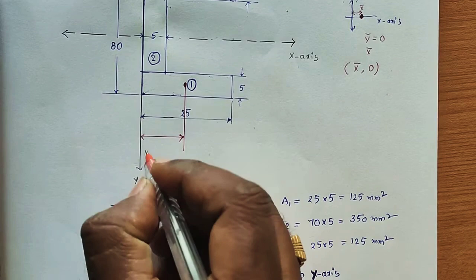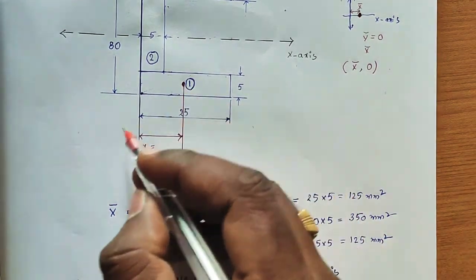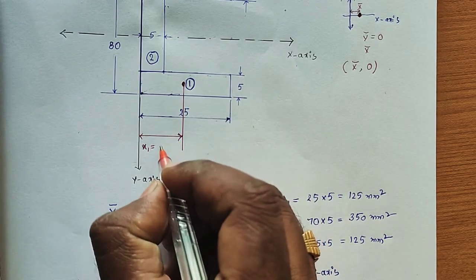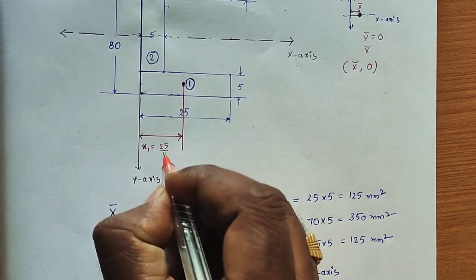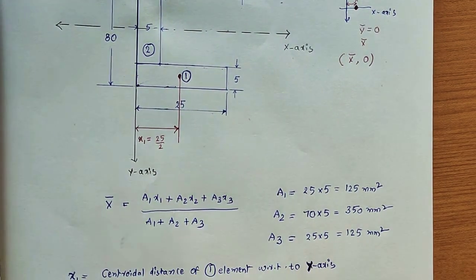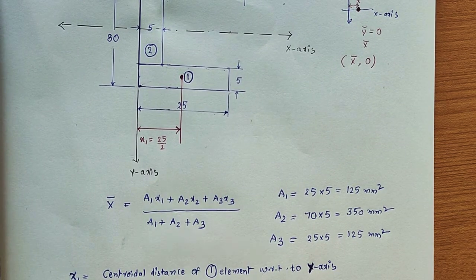This is x1. So x1 equals 25 by 2, that is 12.5 mm.